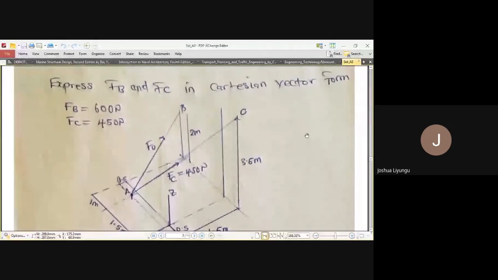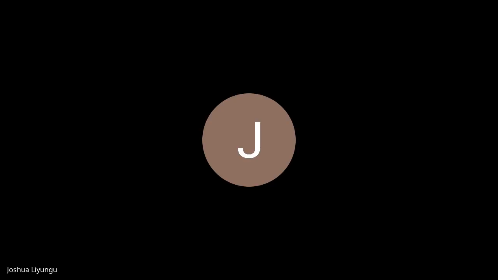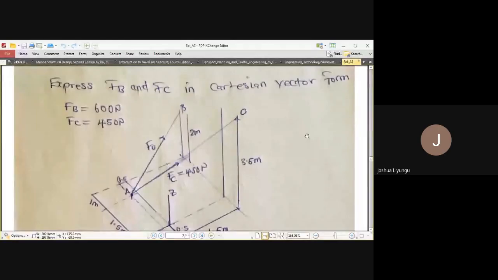Then from there you divide the components by the magnitude, so that you find the unit vector. Correct. This is how simple it is.